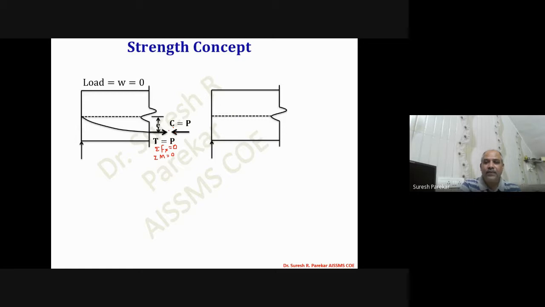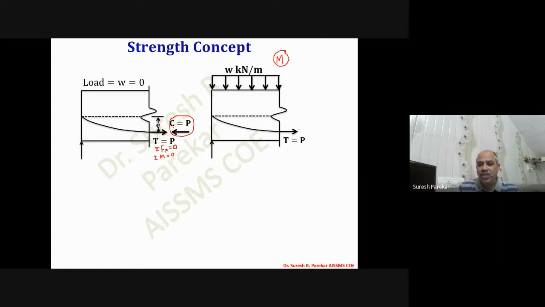But if we have T equal to P and some loading on this, due to this loading we have moment M. Then the C force which we have over here is shifted, and that shifting of the C force depends on the magnitude of the moment due to external load.